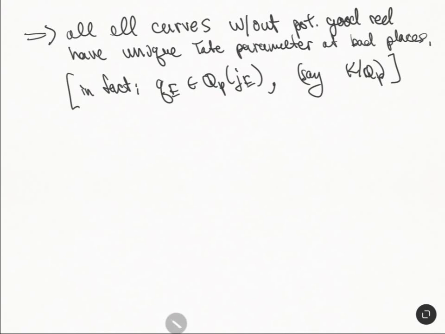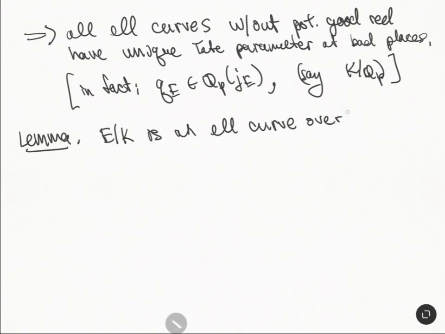Now I want to explain a lemma, and this is how Tate parameters are related to the minimal discriminant of an elliptic curve. So if E over K is an elliptic curve, over K a complete discrete valuation field, then we have the following.